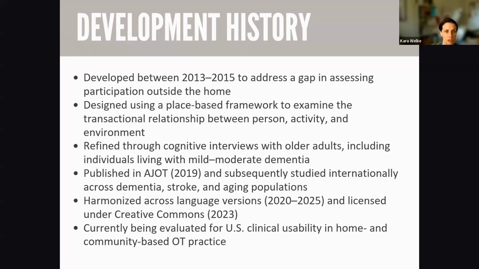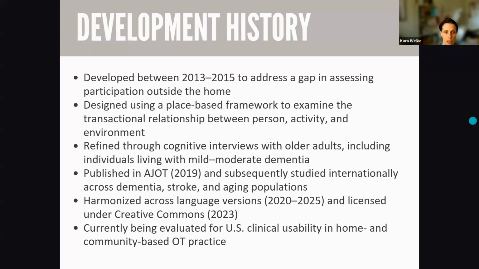So the ACT Out was developed between 2013 and 2015 to address a gap in assessing participation outside the home. And it was designed using a place-based framework to examine the transactional relationship between the person, activity, and the environment.